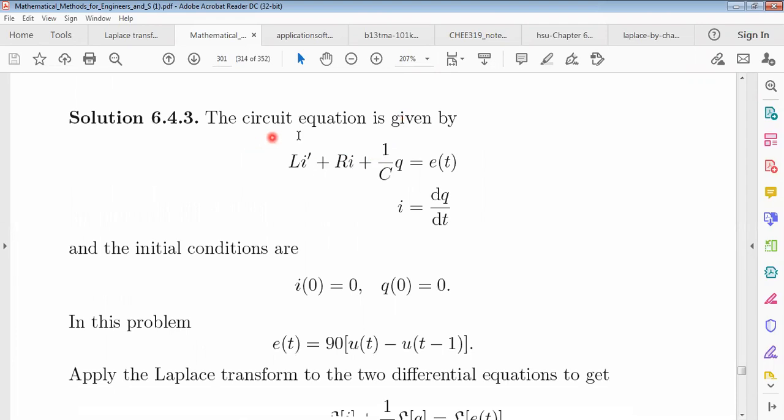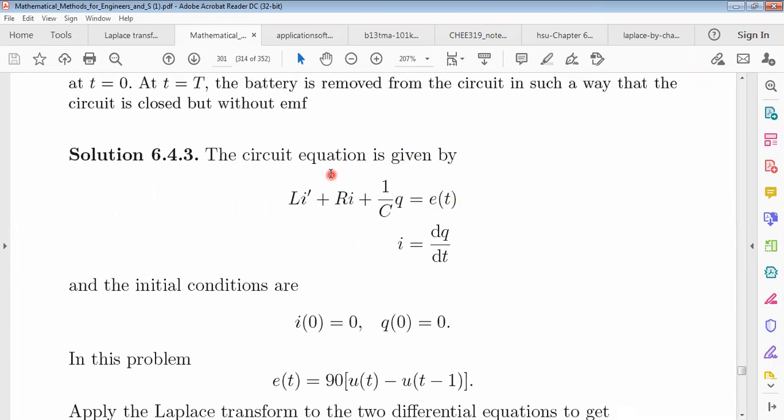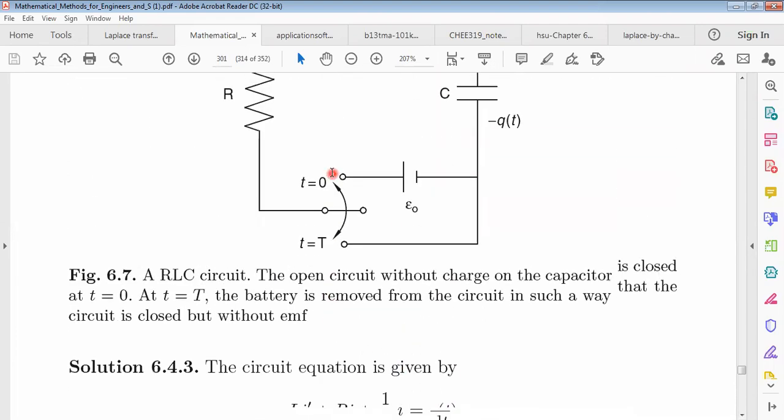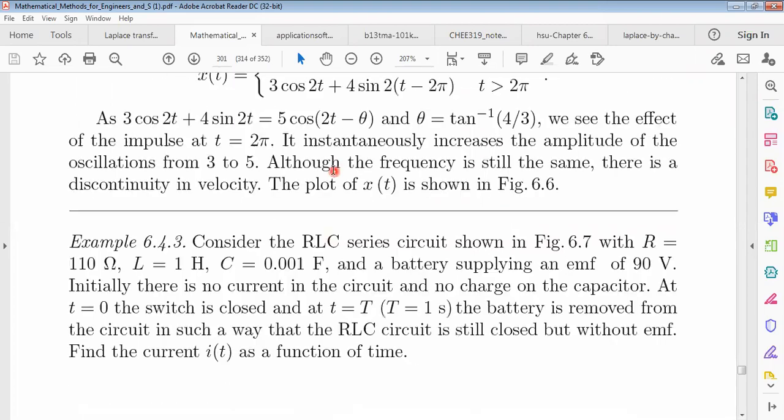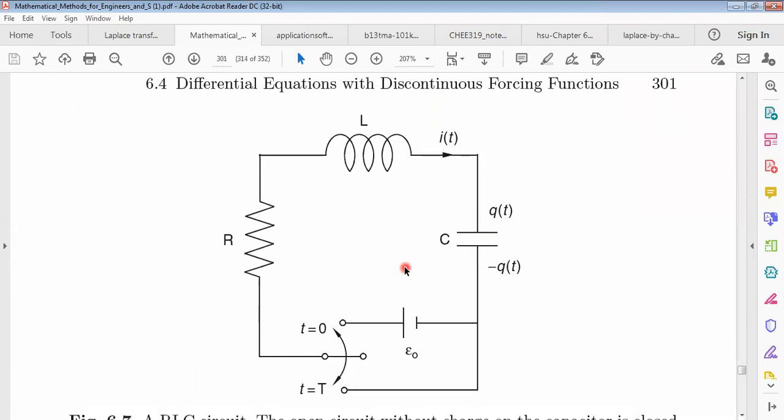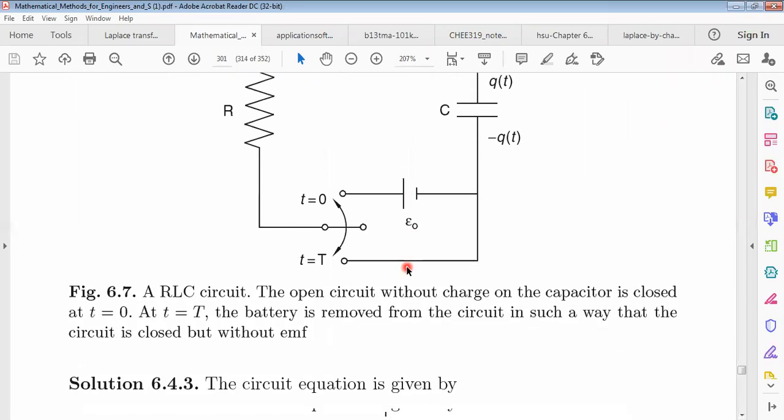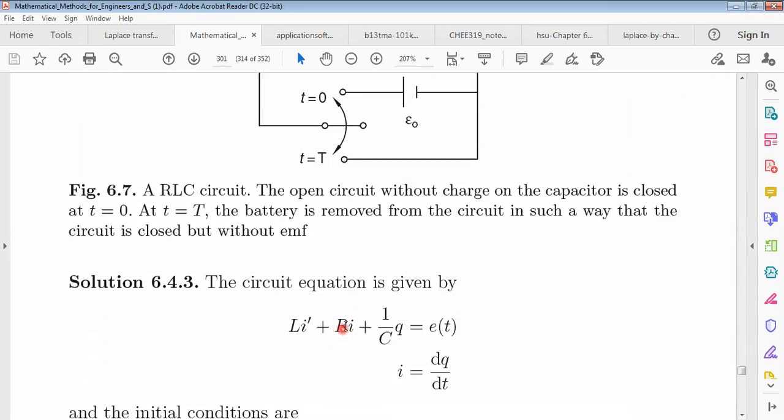The circuit equation is given by this. From the question, we have to draw this circuit considering the RLC series in the given figure. We can solve this differential equation.